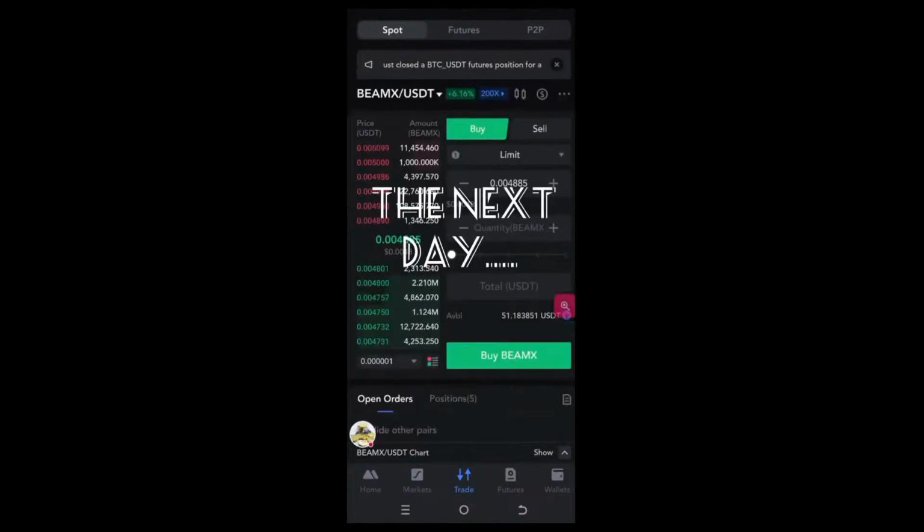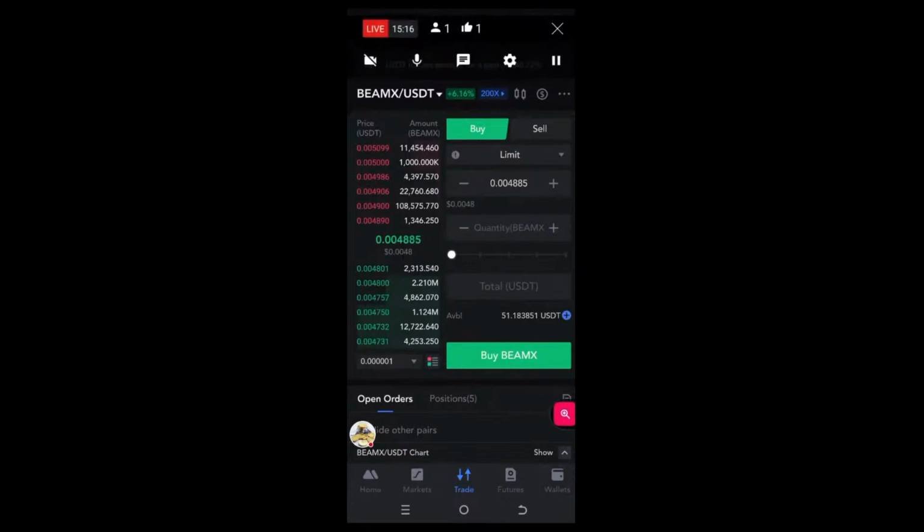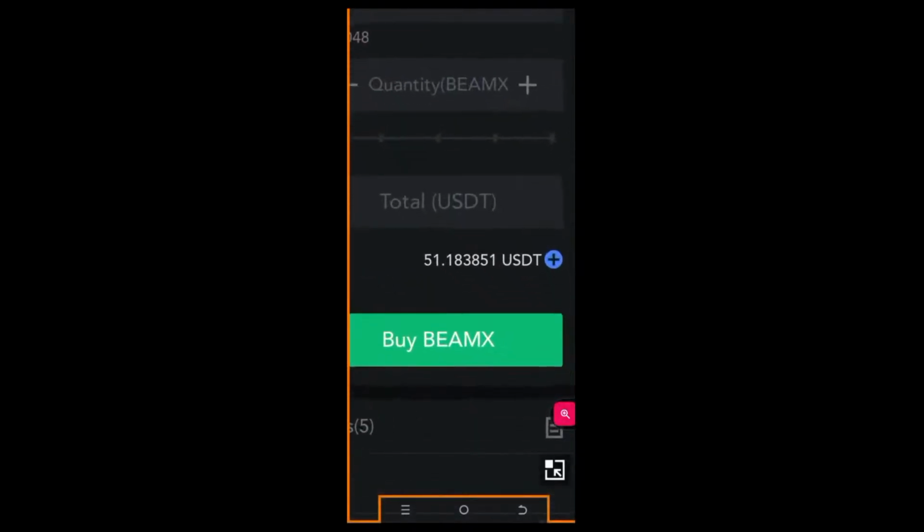And as you can see, BeamX has already executed. See that? We got $1.18. And the beautiful thing about MEXC is that no trading fees. You don't pay any trading fees for now. Maybe later on, but for now, whatever you put in your spot is what you get. So here it is.